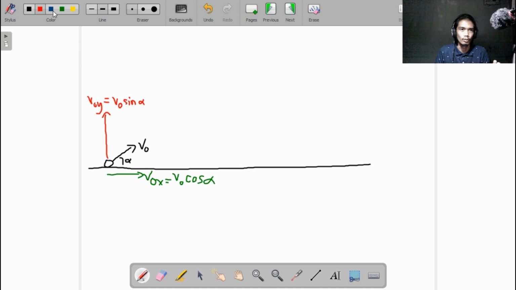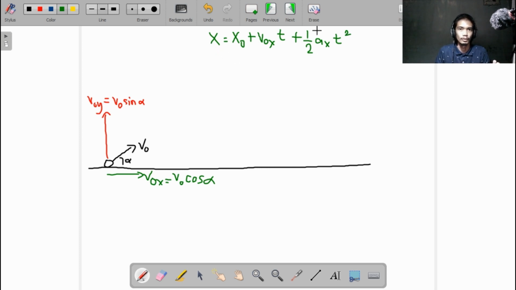So our equation is x. We have x of 0 plus v0x, which is this, by the way, times t, plus 1/2 a of x, your acceleration in the x component, times t squared.